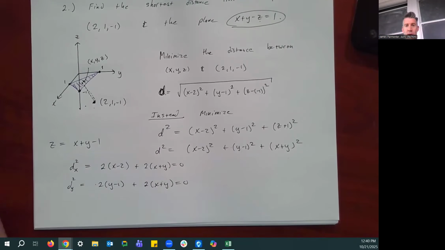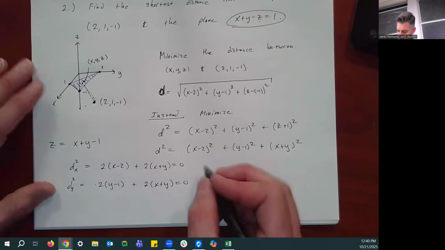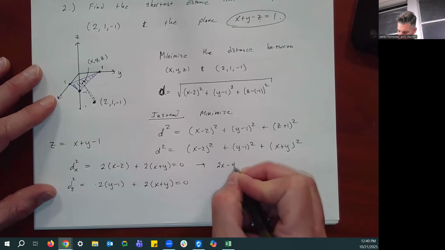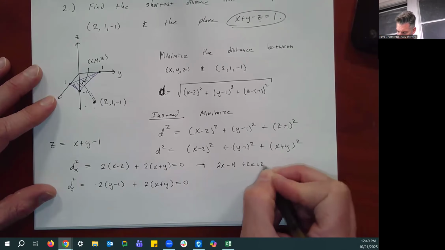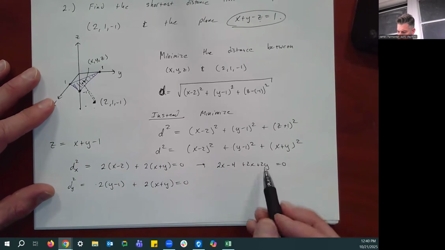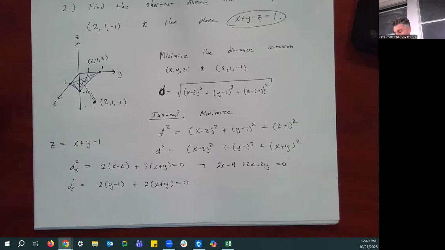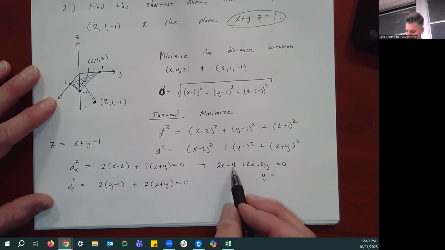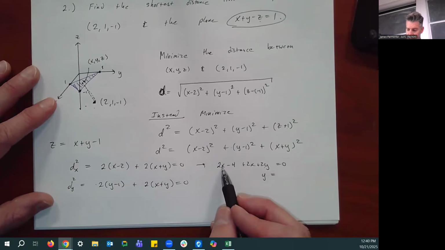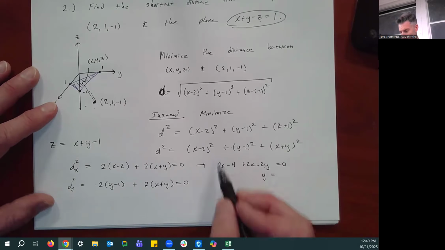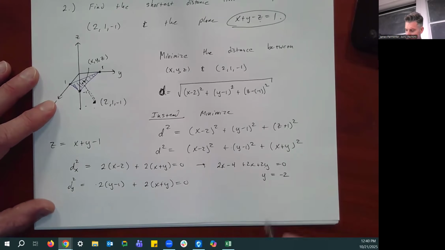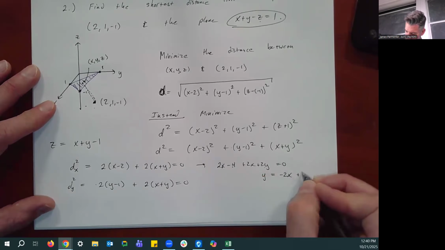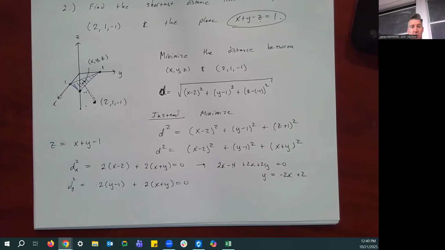And now hopefully we can do something that's going to make sense here. Simplifying this, I have 2x minus 4 plus 2x plus 2y equal to 0. Dividing both sides by 2 and isolating y, I get y equal to negative 2x plus 2.